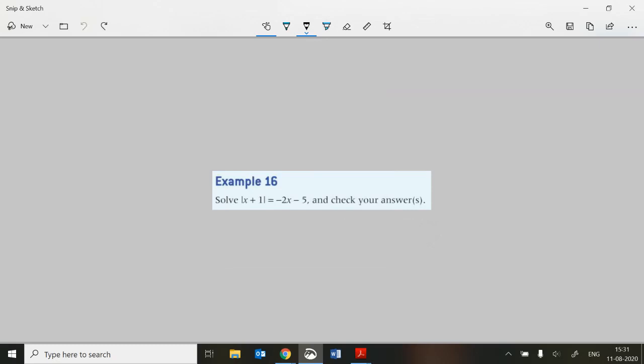Now, remember, of course, that the modulus of A is equal to two things. It's equal to A when A is greater than or equal to 0, and it's equal to minus A when A is less than 0. That's what we looked at last time. So this can be split into two things.